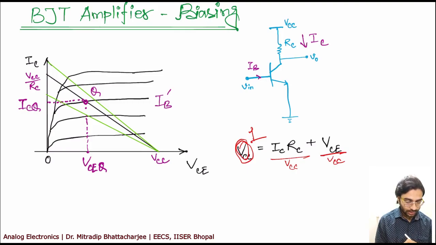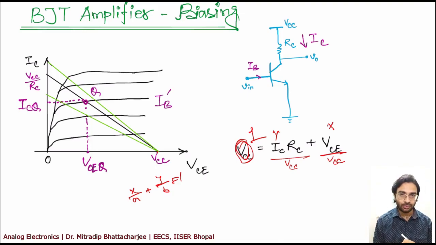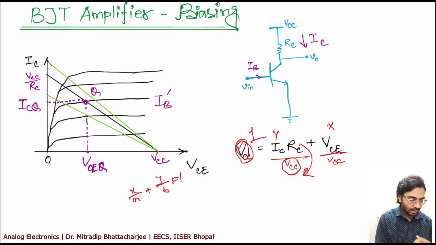So it is more or less like x by a plus y by b equal to 1. Now this is your x-axis, IC is your y-axis, so it will touch the x-axis at VCC, which is true. At the same time, it will touch the y-axis at VCC divided by RC.